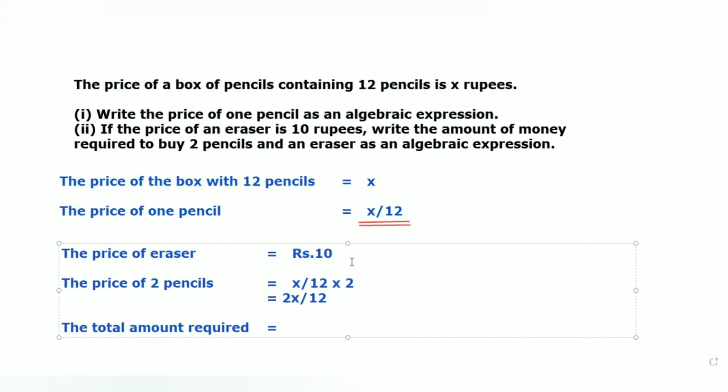So what we have to do is add the price of the eraser and the price of 2 pencils. The eraser is 10 rupees, and we have to add 2x divided by 12 to it. Now you can simplify this.